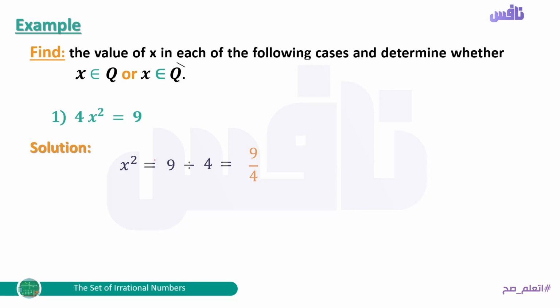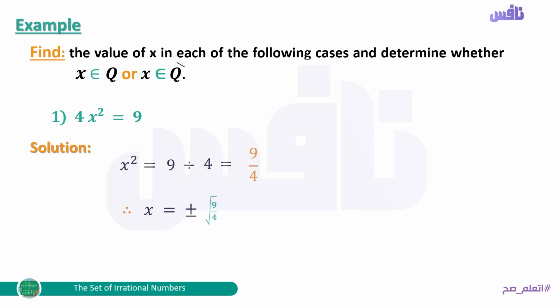And we want to get rid of the power 2. The inverse operation of power 2 is square root. So we are going to take square root for 9 over 4 like that. But do not forget positive or negative because we have x squared. The power of x is even number. So you must put positive or negative.